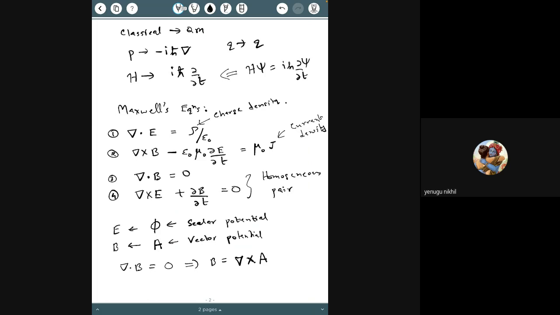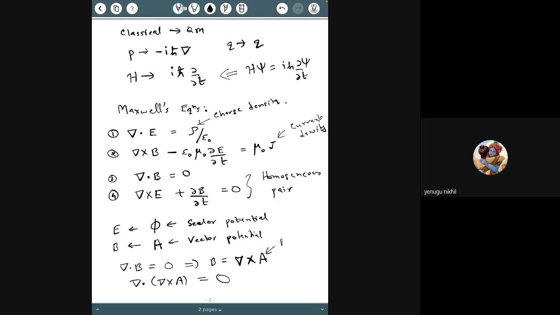If you do that, then you satisfy equation 3, because the divergence of a curl is 0 by construction. So if I choose fields such that they are curls of some function, here A, we don't know what form A is.